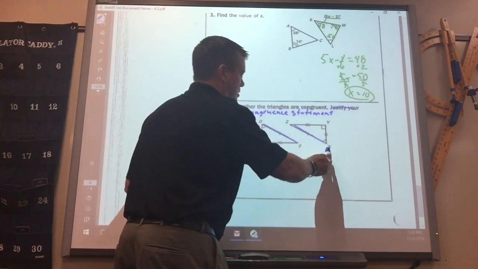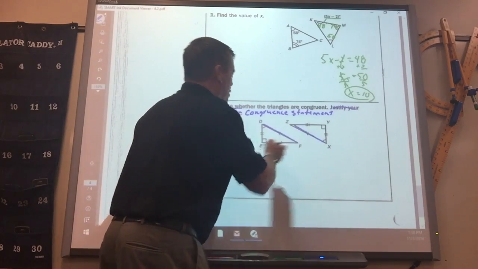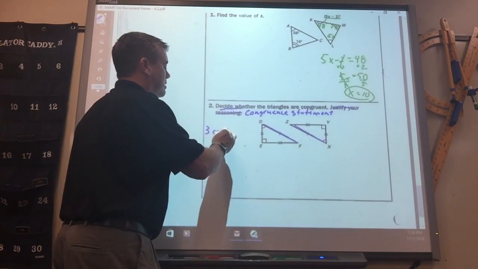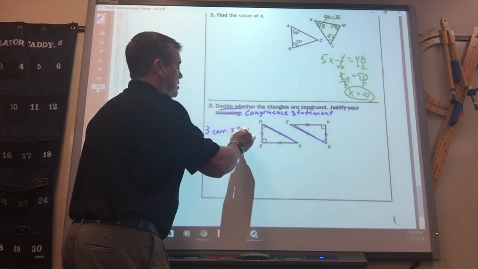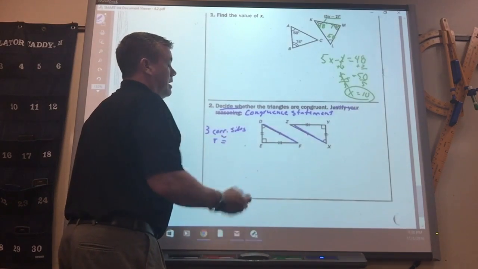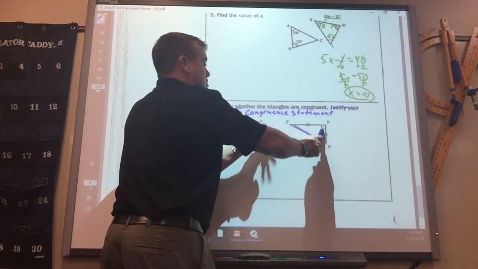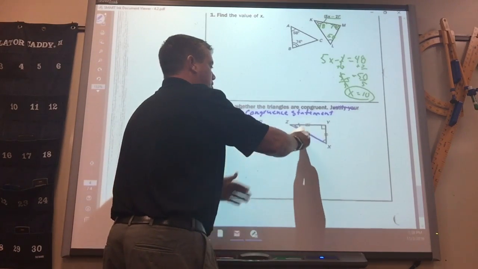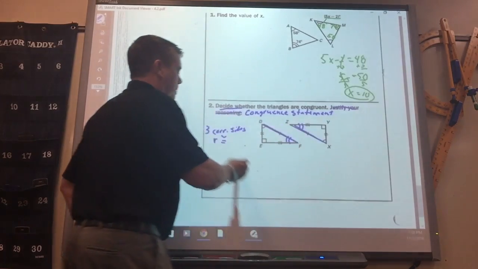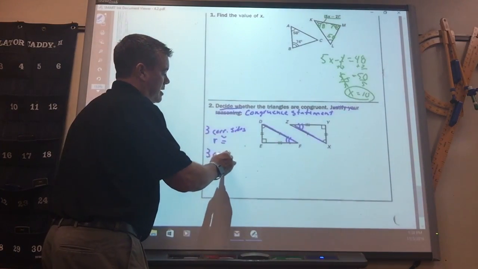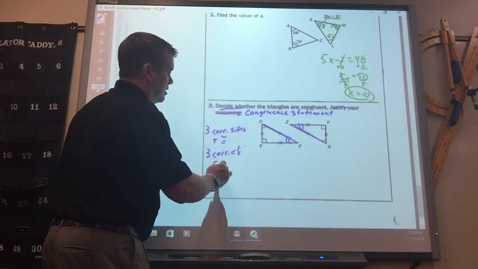These 2 sides are equal, and these 2 sides are equal. So, the 3 corresponding sides are congruent. And then the angles, these are both 90. These are the same. So, since 2 angles are equal to 2 here, the third set has to equal each other. So all 3 corresponding angles are congruent.